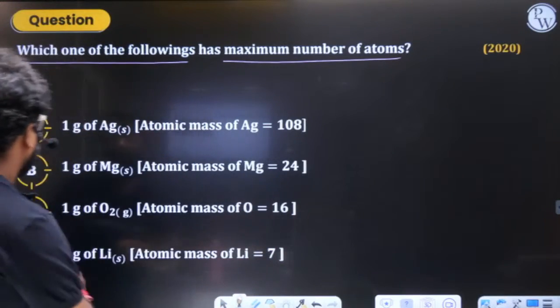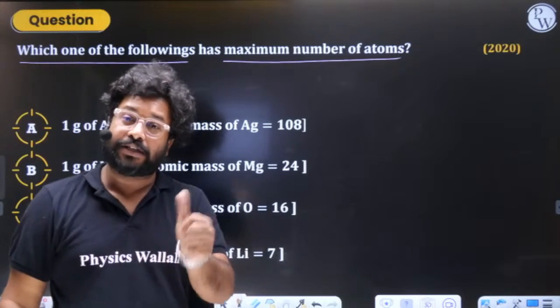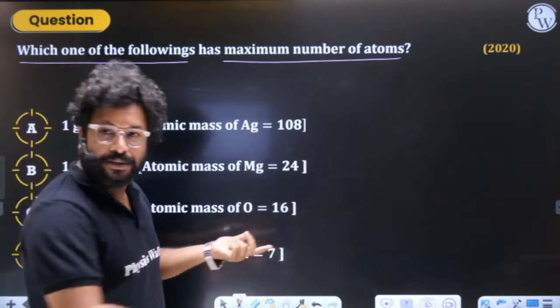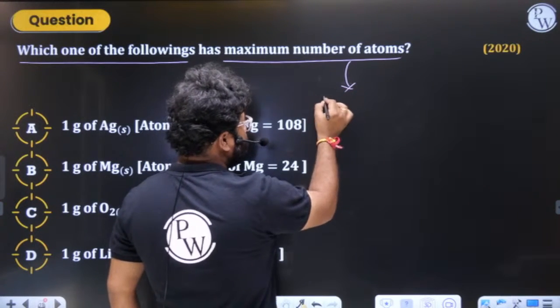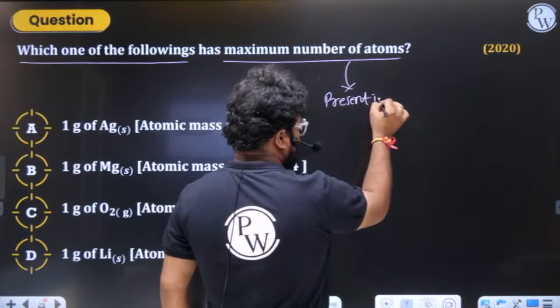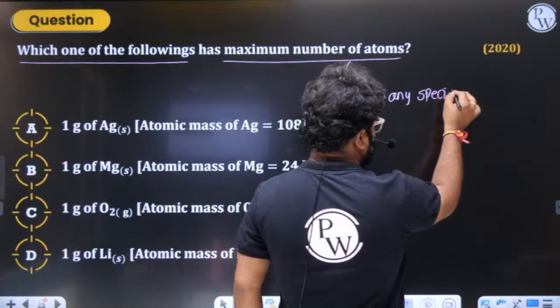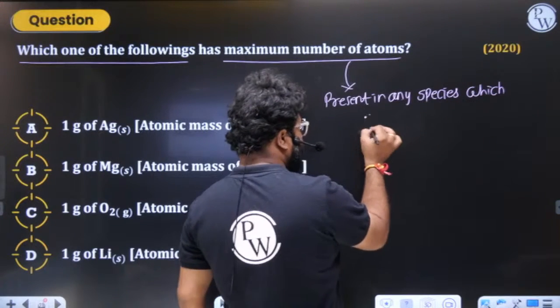Okay, so now just look here. Any species which has maximum number of moles would also have maximum number of atoms, right?